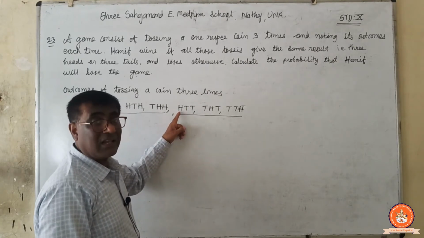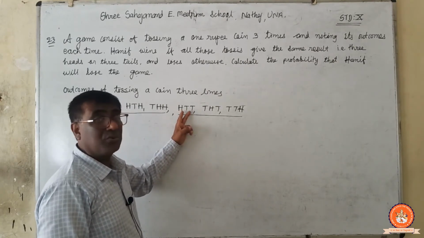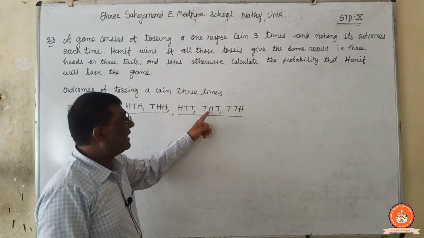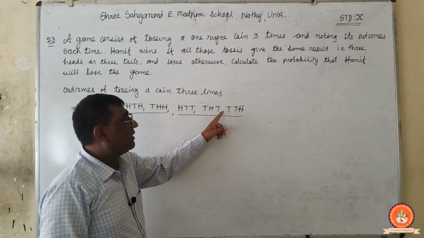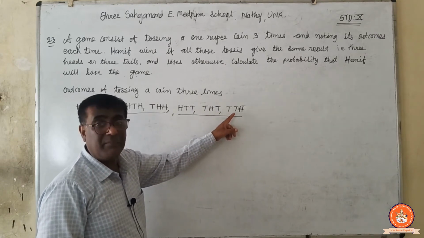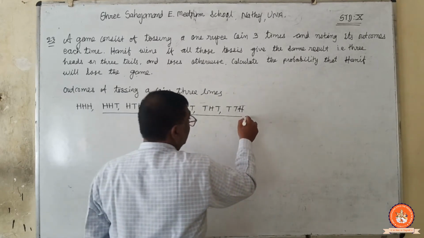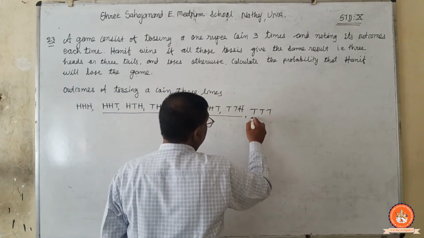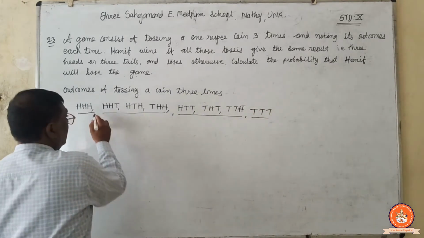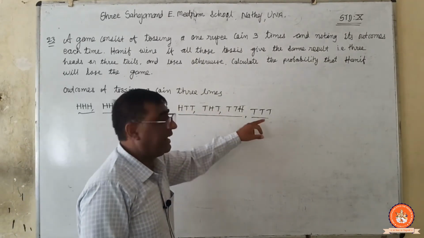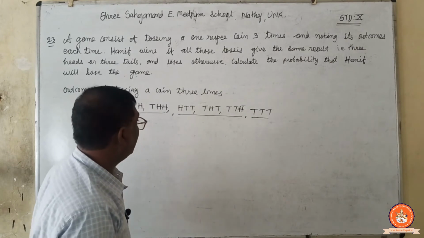On the first trial it is head, then the next two trials tail. Head, tail, head, then tail, head. First tail, in the second attempt it's a tail, and the third attempt it's head. Now it's all 3 tails. So there are 1, 2, 3, 4, 5, 6, 7 and 8 possible outcomes.